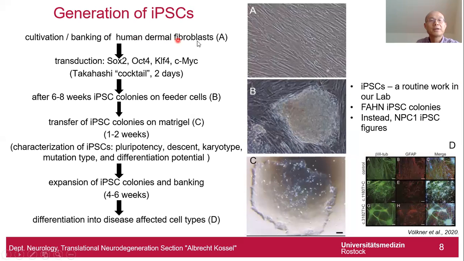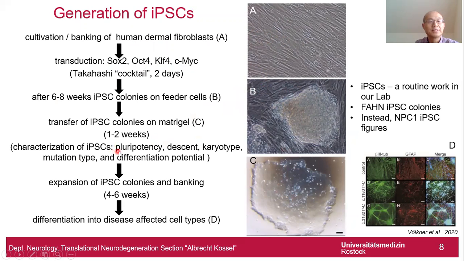The human fibroblasts are cultivated in an in vitro system. These are the cells. Then they are reprogrammed by transduction with SOX2, OCT4, and so on, and driven to develop into iPS, and then they form iPS colonies, just like this.